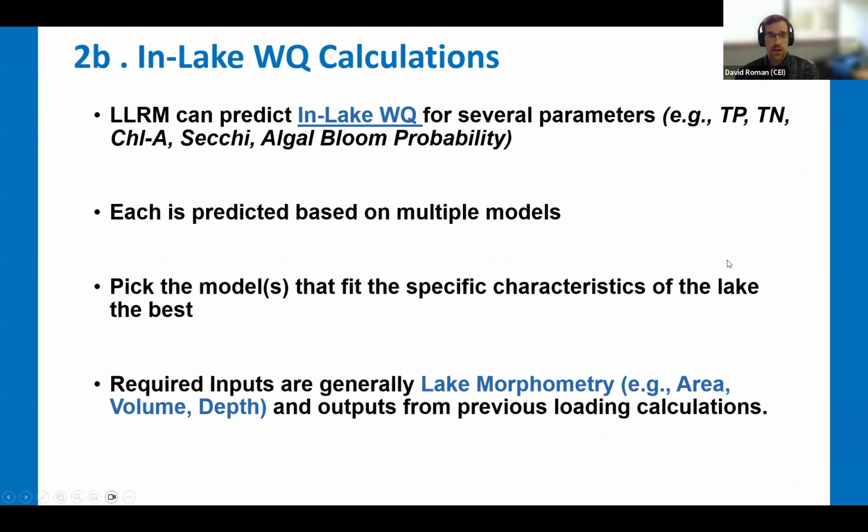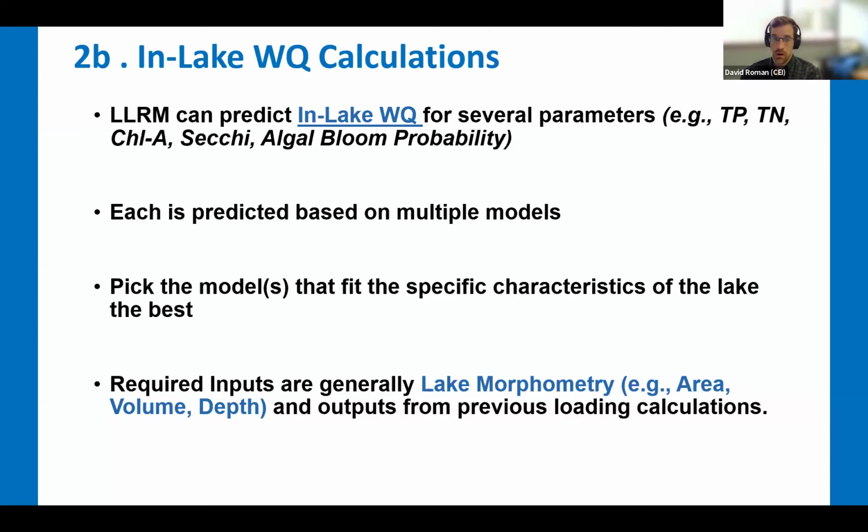Okay, so now we'll talk a little bit about the in-lake water quality calculations. LLRM just uses essentially models or empirical relationships that have been built and used for many years. So we can come up with estimated in-lake water quality for total phosphorus, chlorophyll A, Secchi disc, and algal bloom.